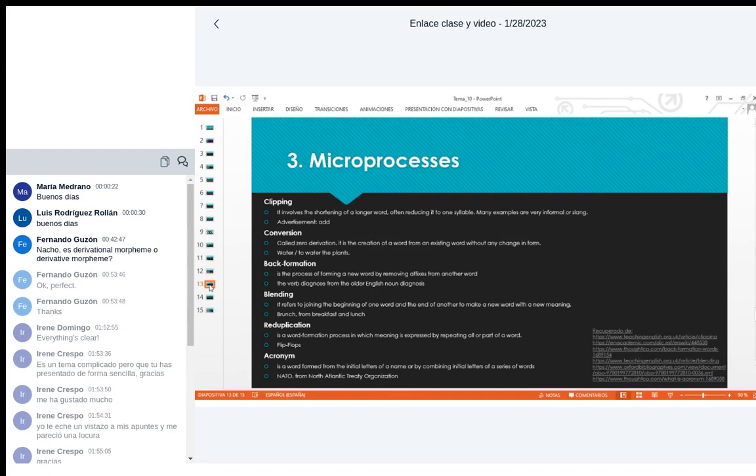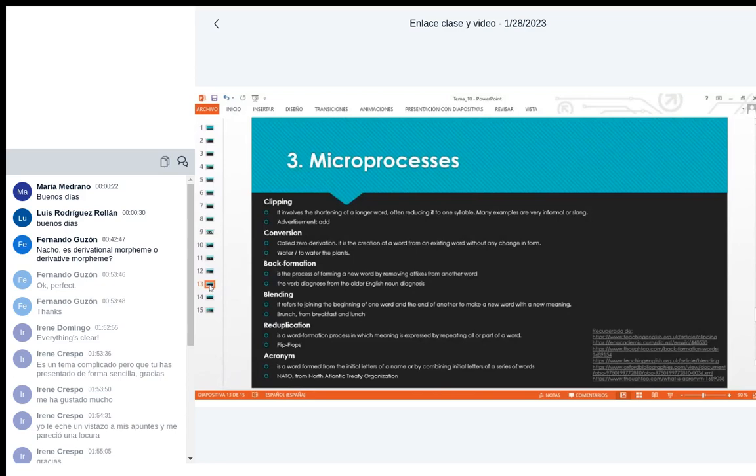I don't know. Well, I'll tell you later, because if not, we're going to be losing time. Well, the verb diagnose from the older English, diagnosis. What we have here is that we get rid of the is at the end of the word, and we use an e, so we put diagnose.